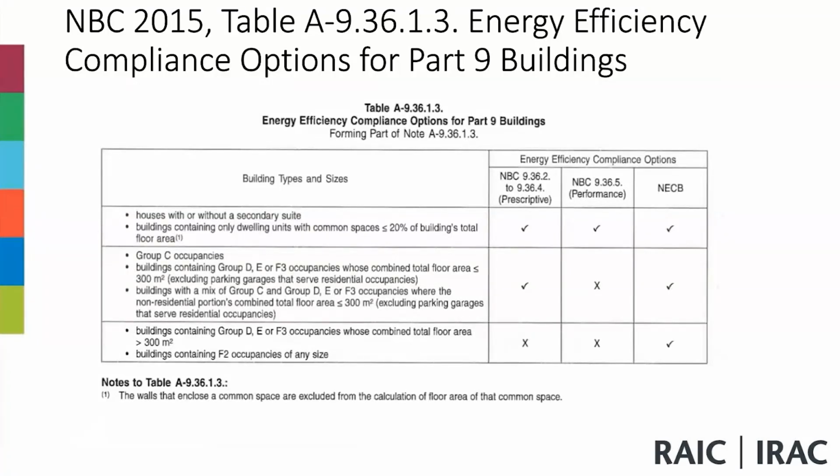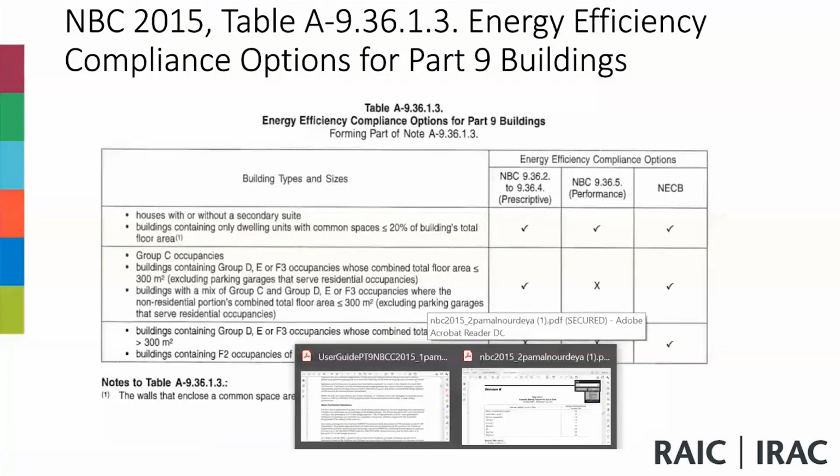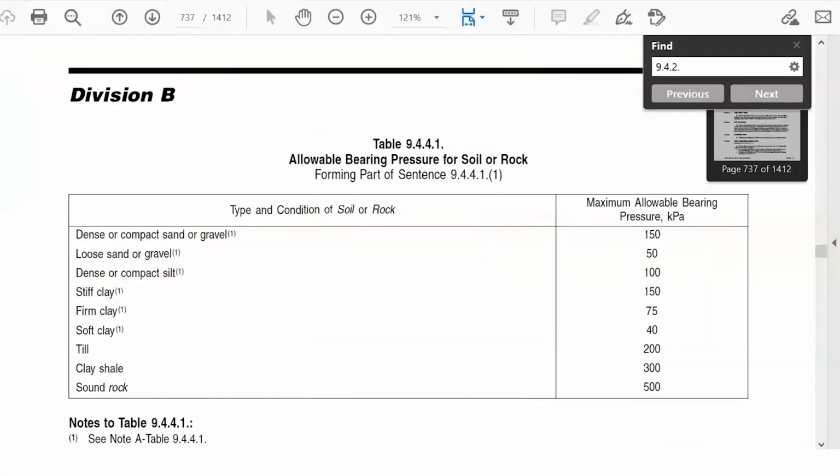The 9.36.5 performance-based approach is only for houses with or without secondary suites, or buildings with dwelling units with common space areas less than or equal to 20% of the total floor area. So this table summarizes what this is intended to do, what this tells us to do.